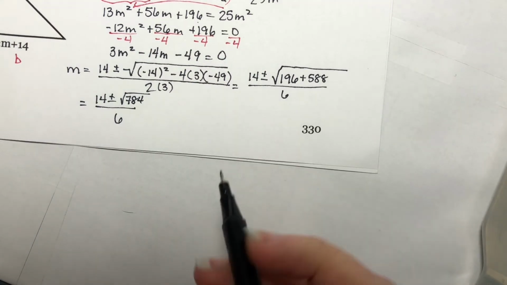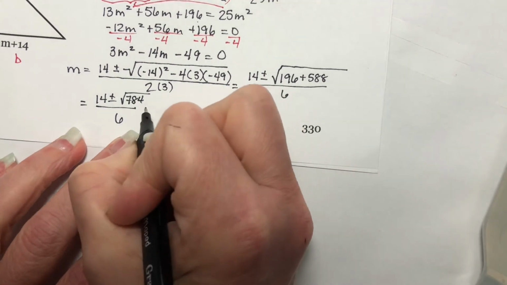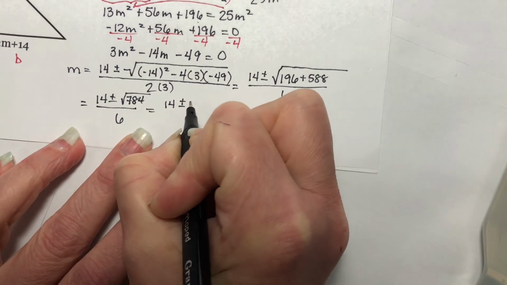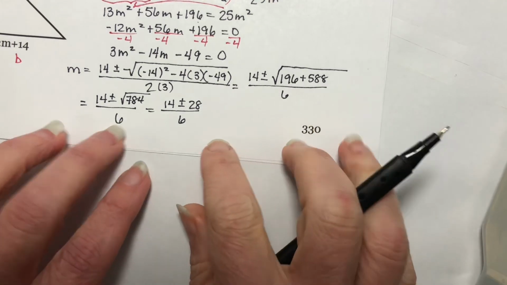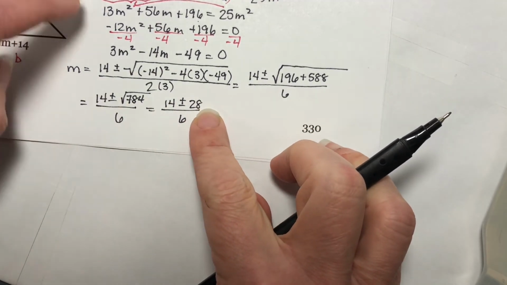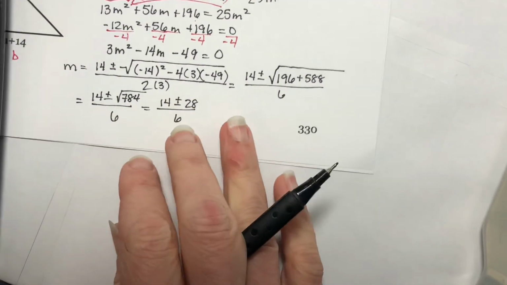If I use my calculator, I find that this square root is exactly 28. So I have 14 plus or minus 28 over 6. So since I ended up with a perfect square here, that tells me that this thing would have factored. It just might have taken me a while. Now I do want to split it up and get my two answers.